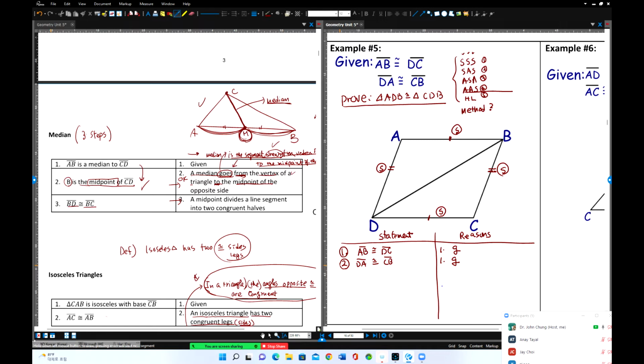We need one more. Where is it? Can anybody give me the third one? One more side or angle? Only 2 choices, right?